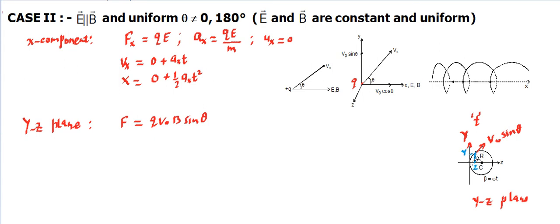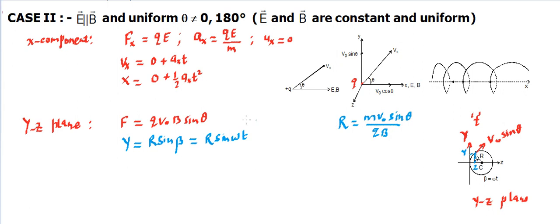Now, can we write the y coordinate of the particle as r sine beta, and beta is omega t, so r sine omega t. Here r is the radius of that helical path, and we know the radius is m v0 sine theta, because this is the component that is responsible, divided by qB.